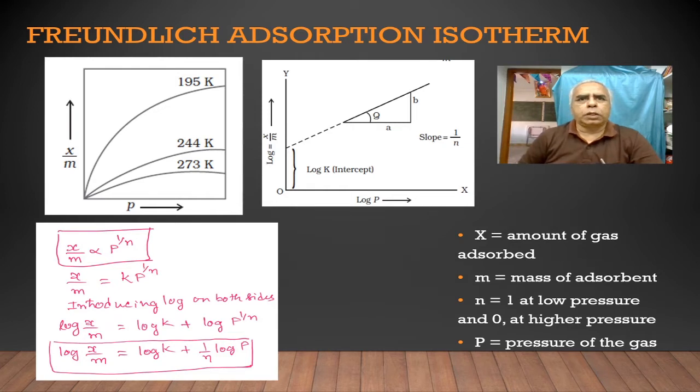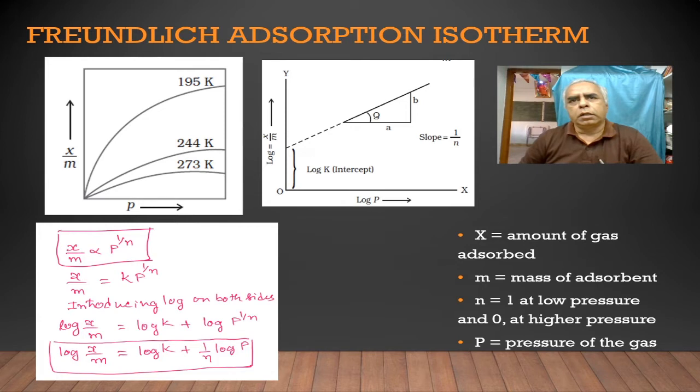When we plot the pressure on the x-axis and x by m on the y-axis, we get a curve like this at constant temperature. At 0 degree centigrade, at 273 Kelvin, you get a curve like this. With the increase of pressure, there is an increase of x by m, the amount of gas adsorbed over the given amount of adsorbent.